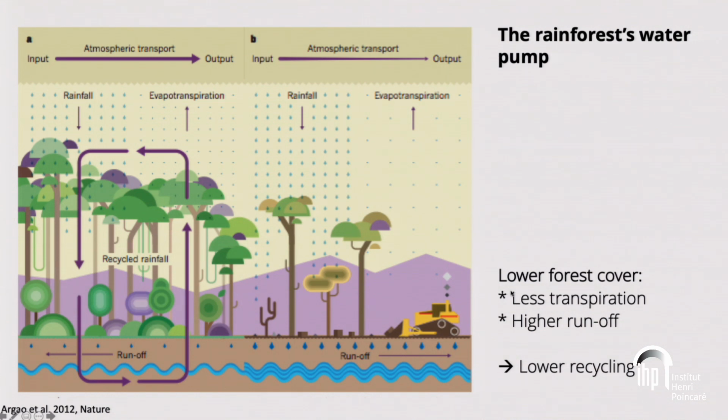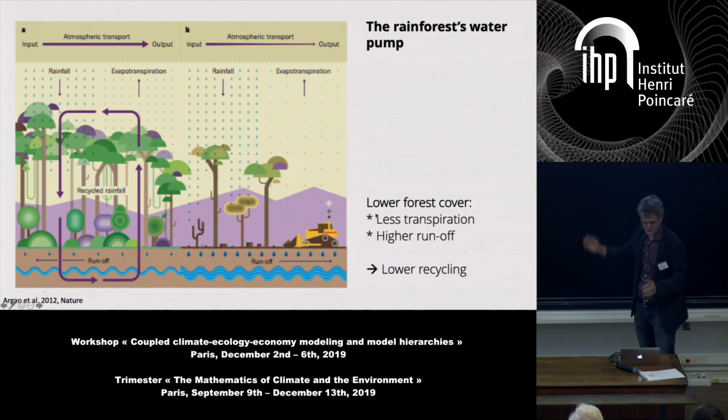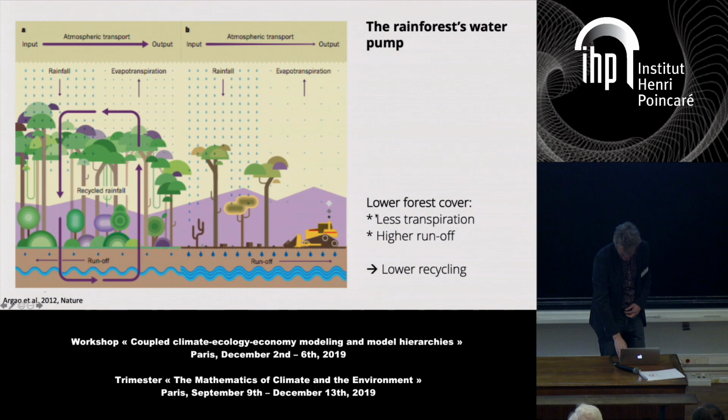And if we have this disturbance of the forested system, then we go to a low cover, meaning that this local recycling doesn't work anymore, so all the water from the rain is moving to the rivers as runoff and goes directly back to the ocean. So this is what we can hypothesize, and that's probably also what happens.